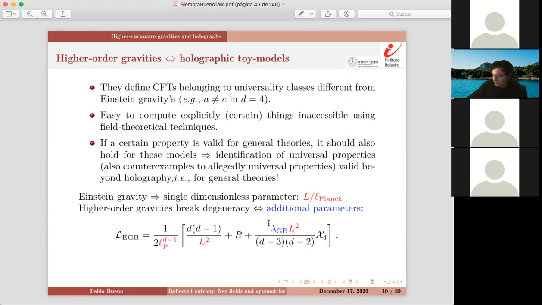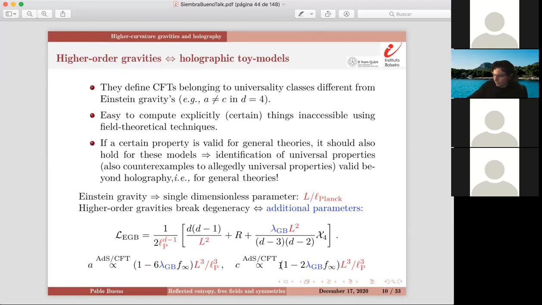In particular, for Gauss-Bonnet, you get an extra parameter, this coupling here. So for instance, if you compute the trace anomaly coefficients, you no longer get that A and C are equal to each other, but you can distinguish between them. And for lambda Gauss-Bonnet different from 0, these two things are different from each other.